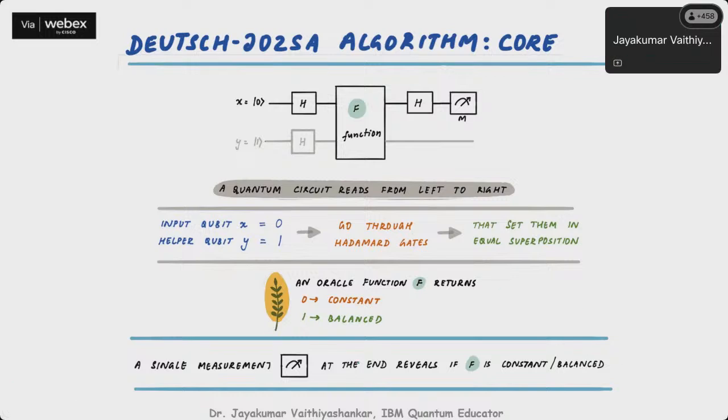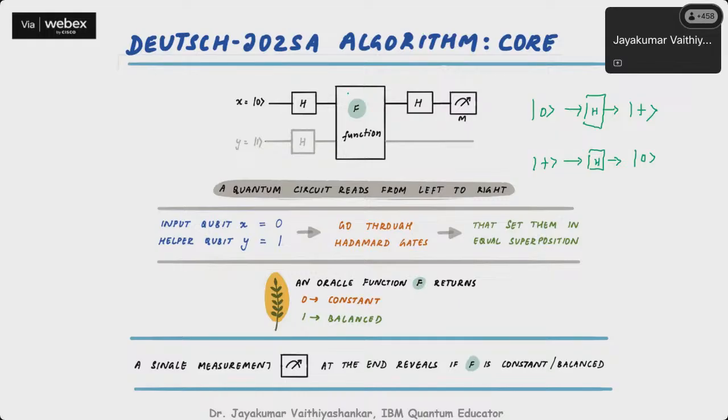So all of you imagine you are starting from state 0. Then if you apply the Hadamard gate, what will you get? You'll get the positive state. From the positive state, if you apply the Hadamard gate, you'll get state 0.